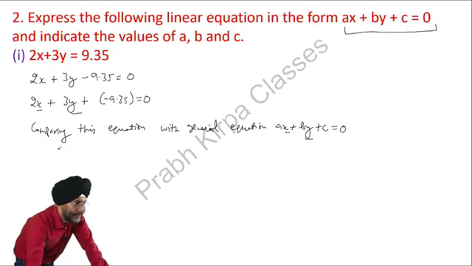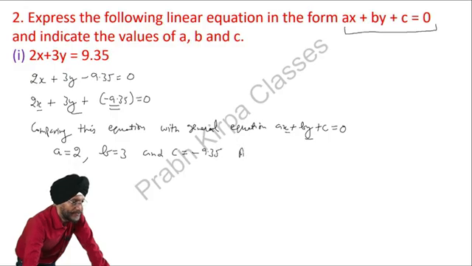So what will be a? A is 2. What is b? B is 3. And c is this, minus 9.35. This is the answer before you.